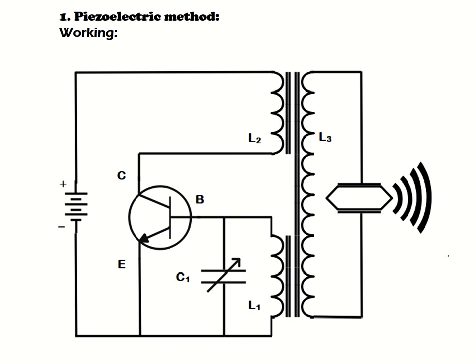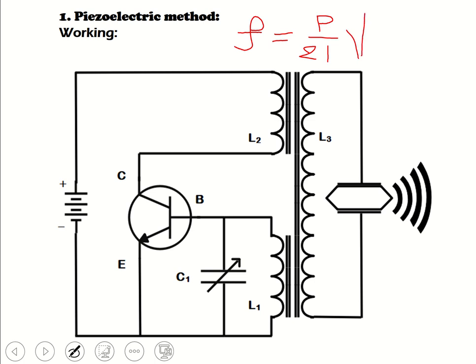However, the ultrasonic frequency which is generated by the piezoelectric crystal will follow a particular equation, F is equal to P divided by 2L, multiplied by under root E divided by rho.